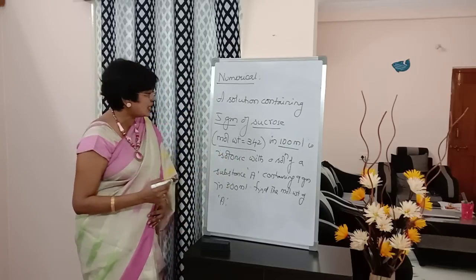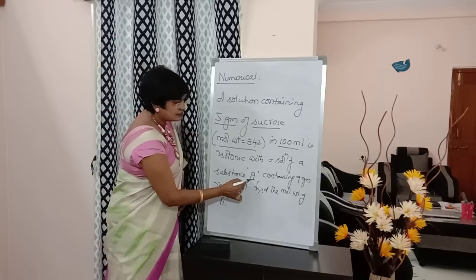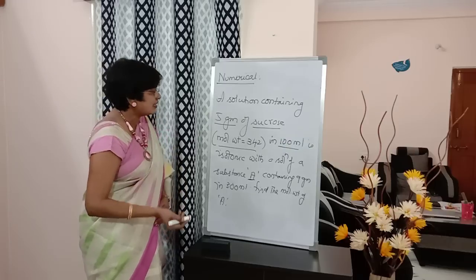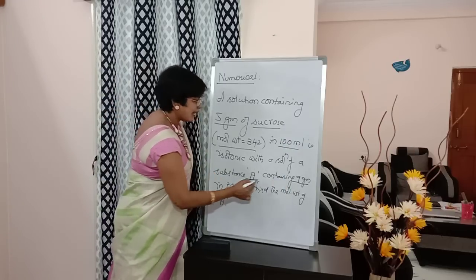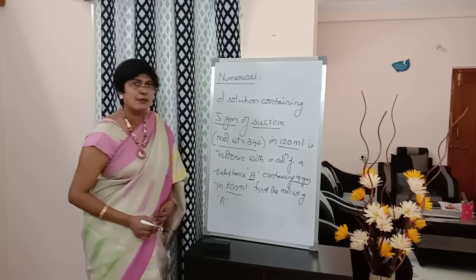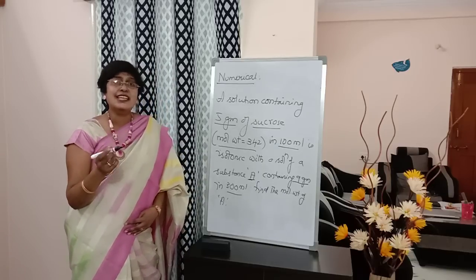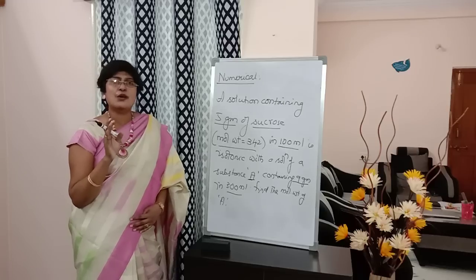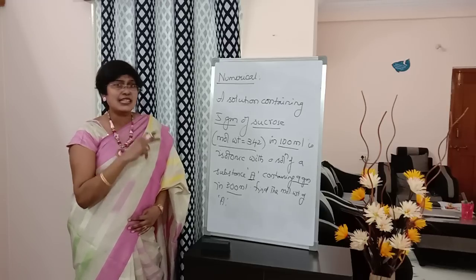And another solution, A, the substance is A, students. Here the substance is sucrose. Another solution is having 9 grams of A in 300 ml, but we do not know the molecular weight of A. Okay, so we can calculate molecular weight of A using that formula.